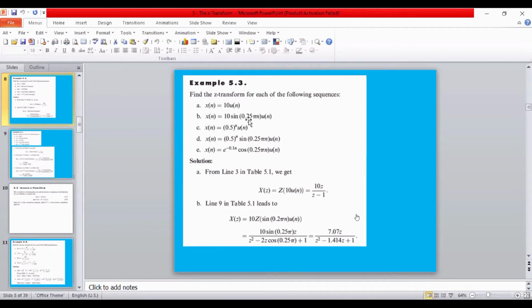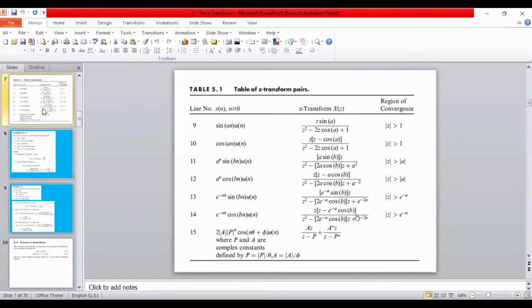This is our frequency. So the solution here is very simple. We refer to our table, line number 9, and this is it, right? We observe that our particular sequence has the shape of this, which corresponds to line number 9 from the table, right?